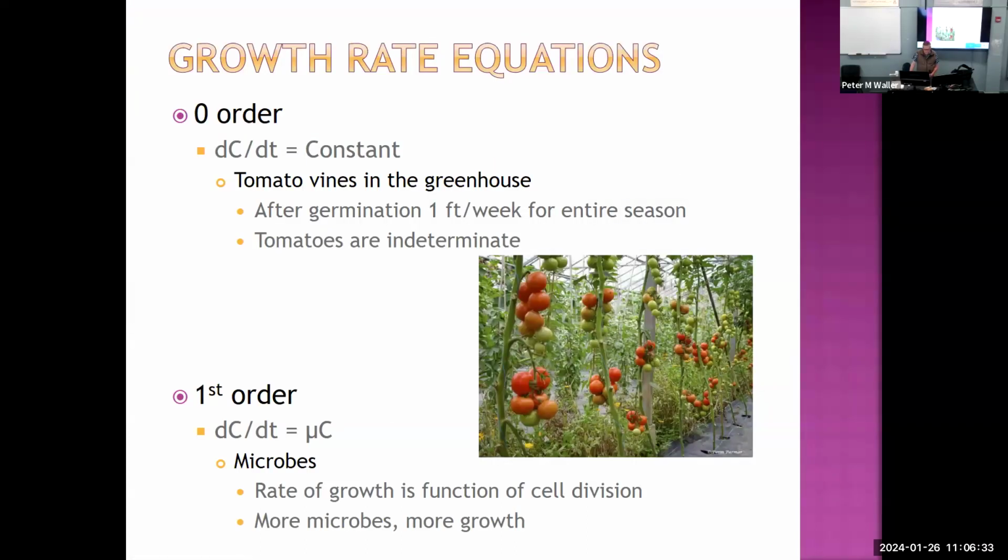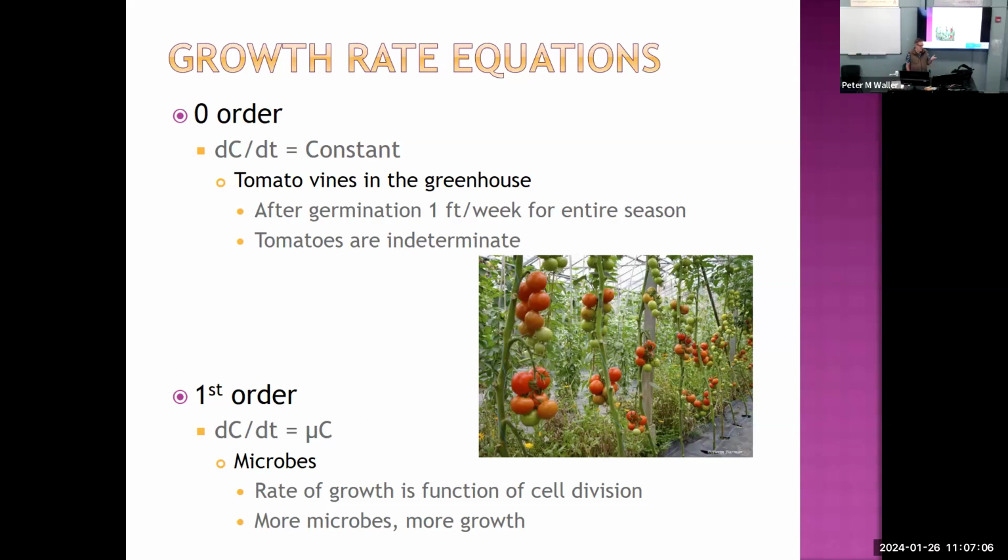Okay, and I just wanted to mention one thing because it's on the quiz. We've been talking about first order growth rate equations. That would be dC over dt equals mu times C, such as microbes, where the growth is dependent on the previous population. But there are other types of growth rate equations in biology. For instance, tomatoes, some of you work at the Controlled Environment Ag Center.